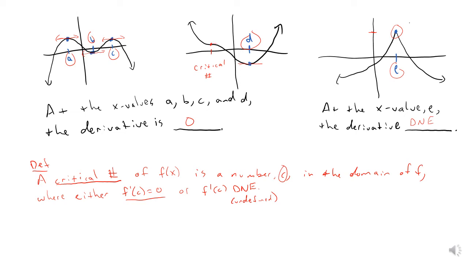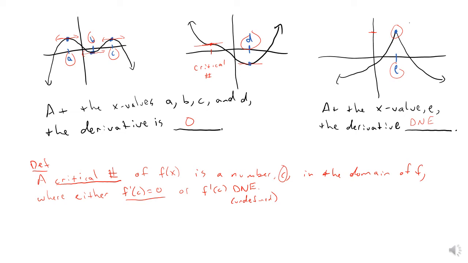If you draw a tangent line, the tangent line is perfectly horizontal there as well. So this is an example where we do have a critical number, but we don't have an extremum. All right, this is going to be a really important concept for us moving forward.